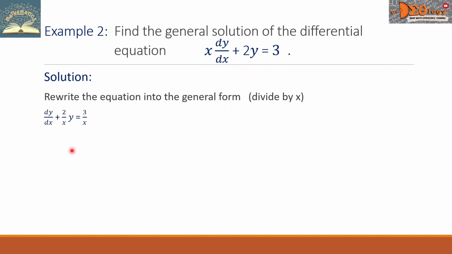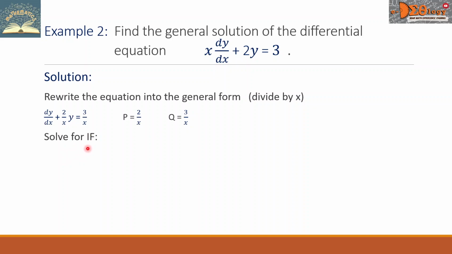So the new equation becomes like this. Dy over dx plus 2 over x times y equals 3 over x. And from here, we can collect the values of P and Q respectively. The P is the coefficient of y, that is the 2 over x. And the Q is this value 3 over x.